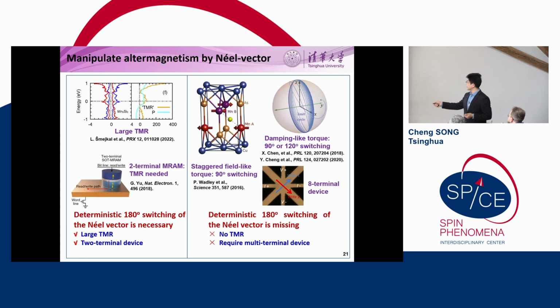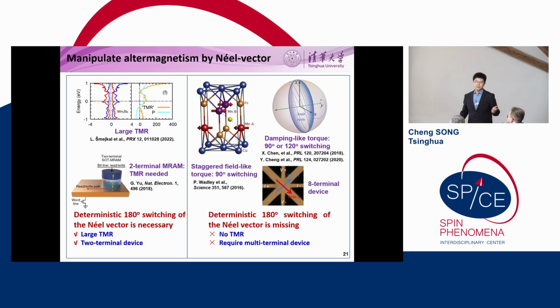For example, in this kind of device, 180-degree switching shows large TMR, and it is also possible for two-terminal MRAM devices. So we want deterministic 180-degree switching of the Néel vector.